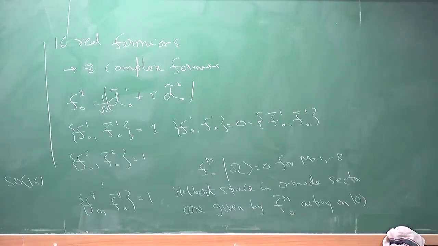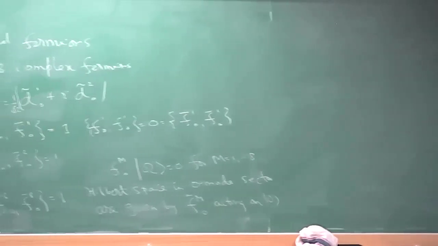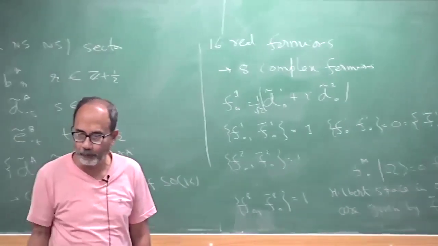So how many states are there? 2 to the power 8. So this gives you 2 to the power 8 states. But then remember that you have GSO projection.